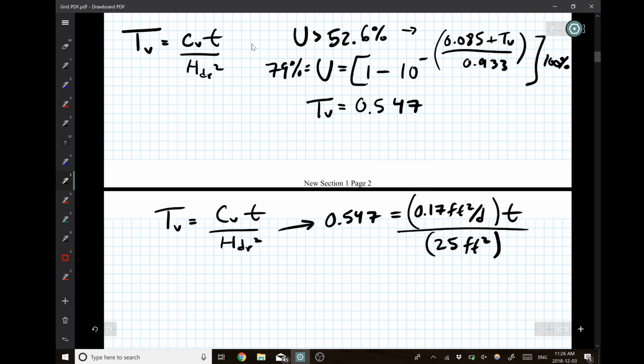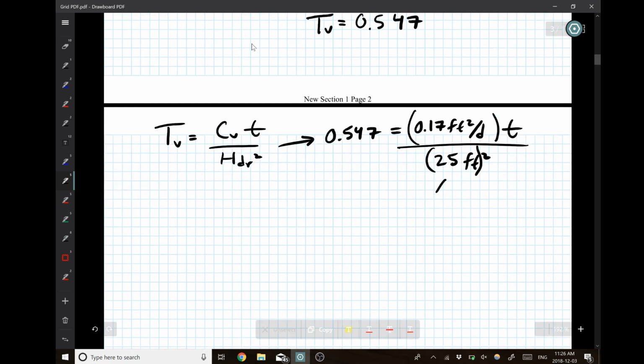So people understand where I got this 25 from, I'm going to put it on the bracket. The HDR is the drainage height of our soil. We're looking at our soft clay, and if you look at the diagram, under the soft clay is a stiff clay, which we assume is impermeable.